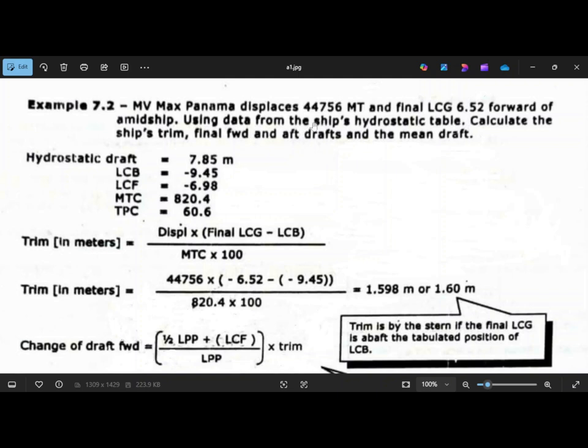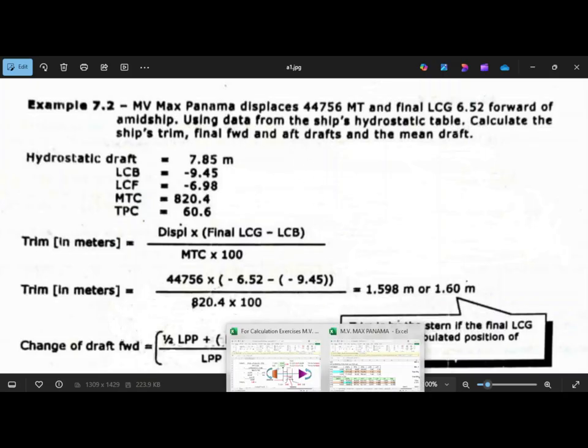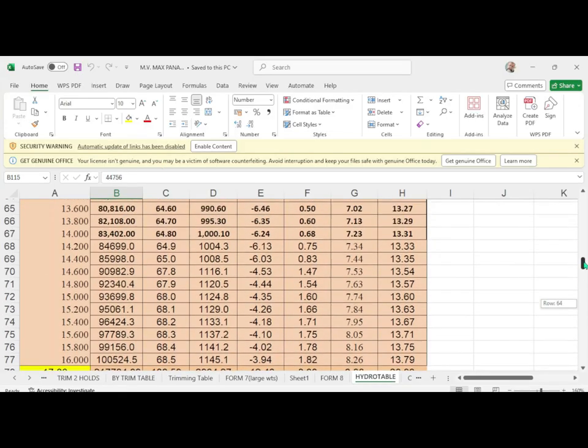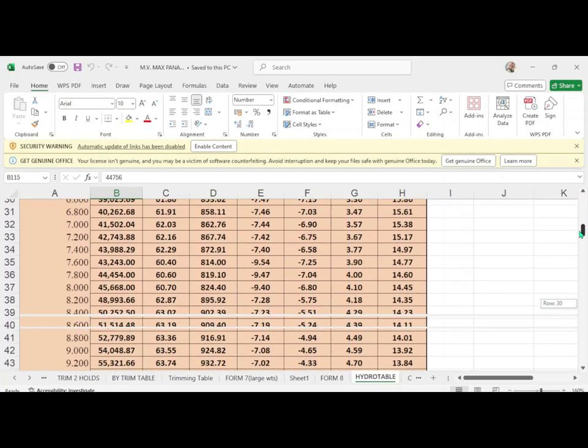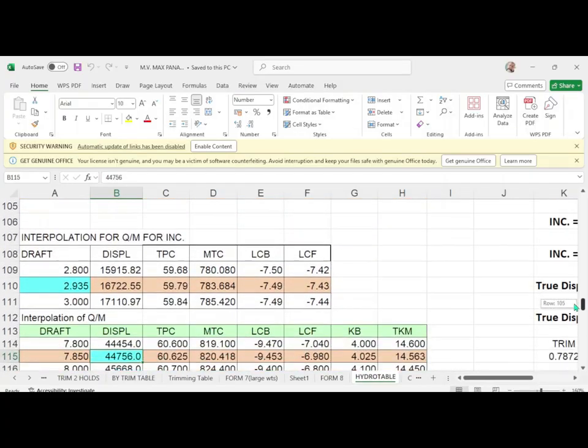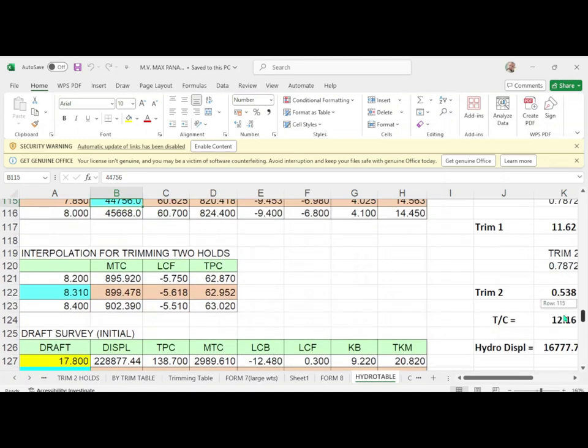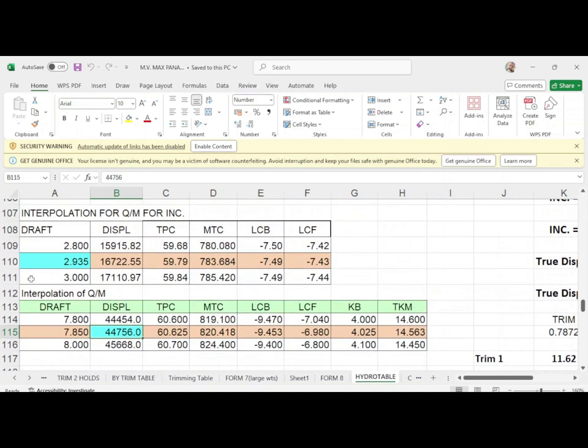Okay, so what we have now is this displacement of 44,756. So we go to the hydrostatic table of MV Max Panama. You put the displacement here. This is the hydrostatic table, and we have this program, the initial interpolation of quarter mean.